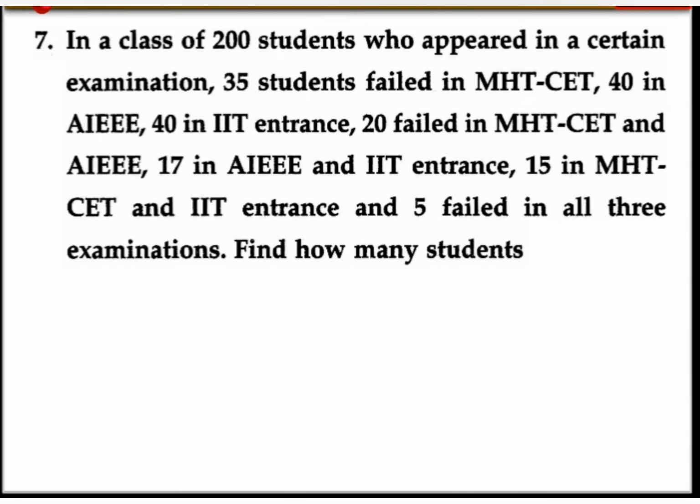Question number 7. In a class of 200 students who appeared in a certain examination, 35 students failed in MHT CET, 40 in AIEEE, 40 in IIT entrance, 20 failed in MHT CET and AIEEE, 17 in AIEEE and IIT entrance, 15 in MHT CET and IIT entrance, and 5 failed in all 3 examinations.